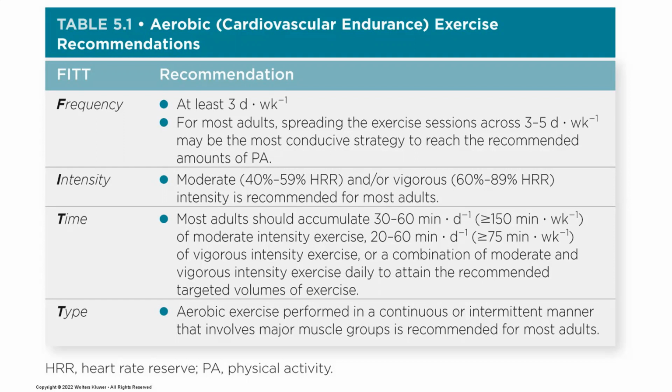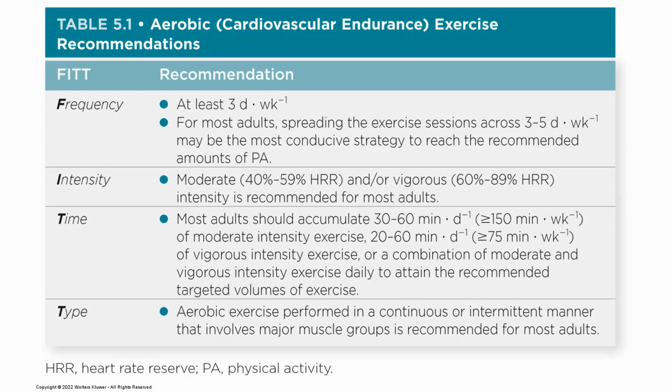ACSM recommends to start low and slow, and that's especially important for people who are new to exercise or getting back into it. And the ACSM recommends an increase in exercise time or duration per session of 5 to 10 minutes every 1 to 2 weeks over the first 4 to 6 weeks of an exercise training program. They say that this is reasonable for the average adult.